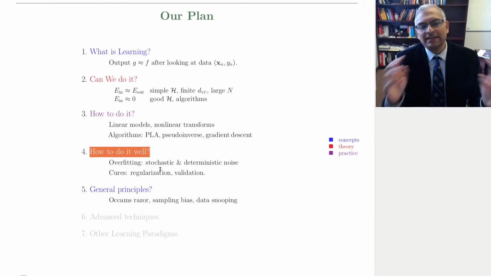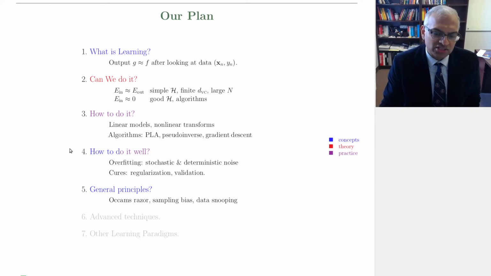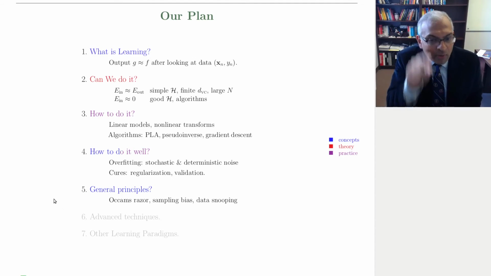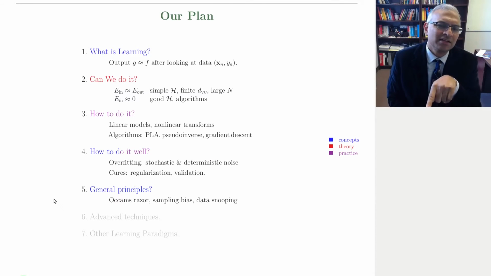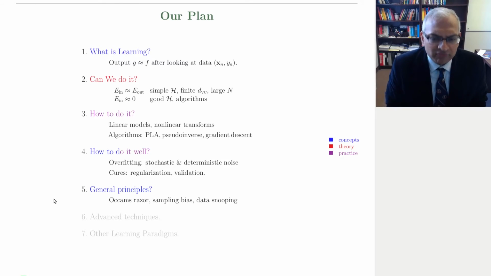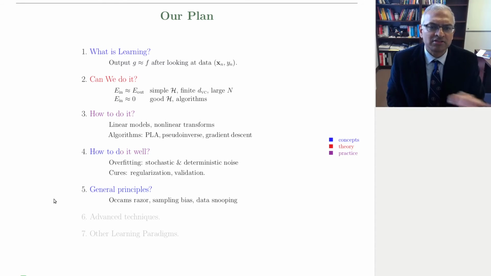And at the end, we summarized all these foundations into general principles. Basically, Occam's razor, sampling bias, and data snooping. Simple hypothesis. Make sure that the data is generated to satisfy the requirements of the theory, which is IID, and the training and test data must be generated from the same distribution. And data snooping, the most common type of which is not fixing your hypothesis set before you look at the data.